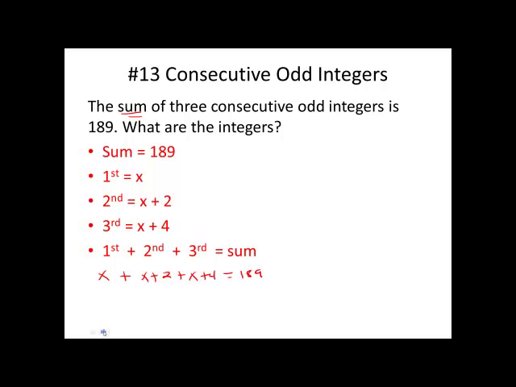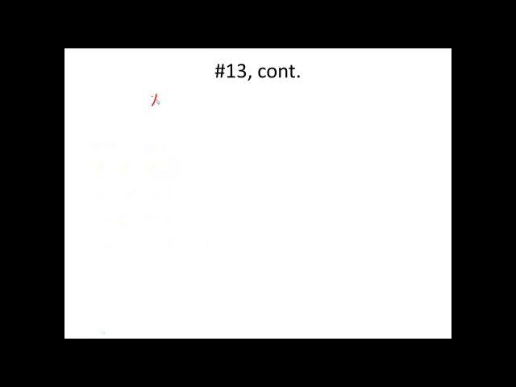So we'll solve this one basically the same way as we solved the previous problem. Combine our like terms, and then go back and find our other 2 numbers. So we have 3 x's, and then we have positive 4 and positive 2 gives us positive 6.